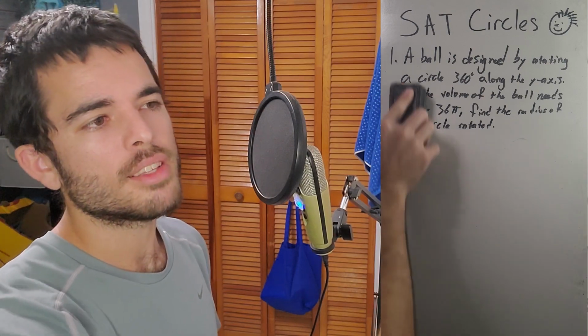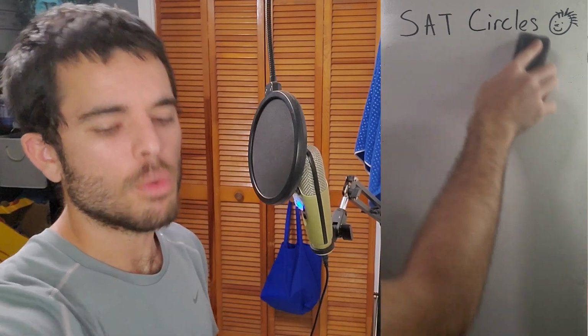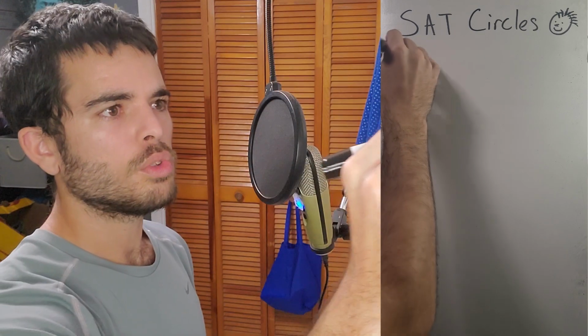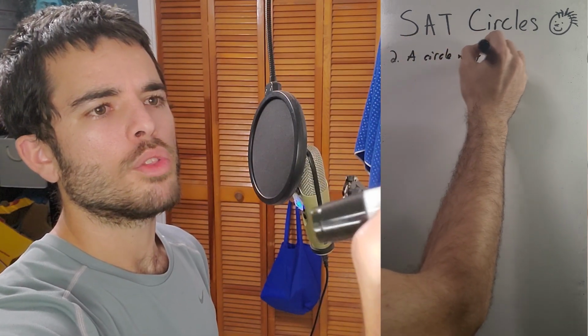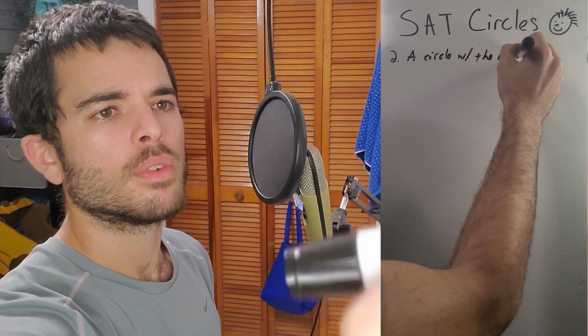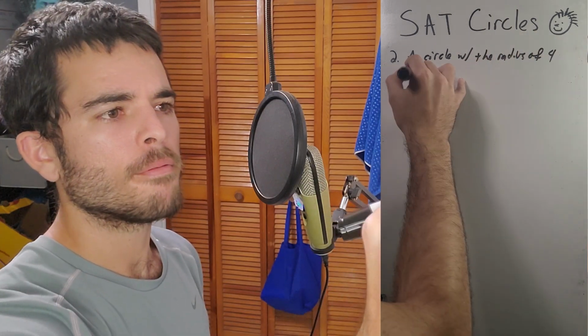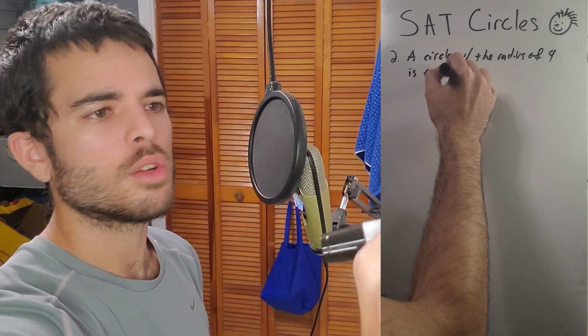For number 2, it's a little bit simpler version of what we just did. For number 2, they're going to say a circle with the radius of 4 is rotated 360 degrees.